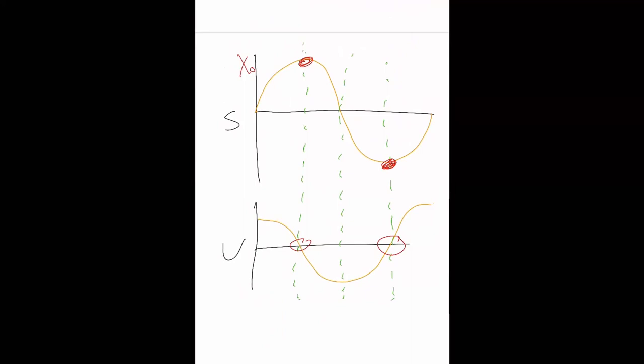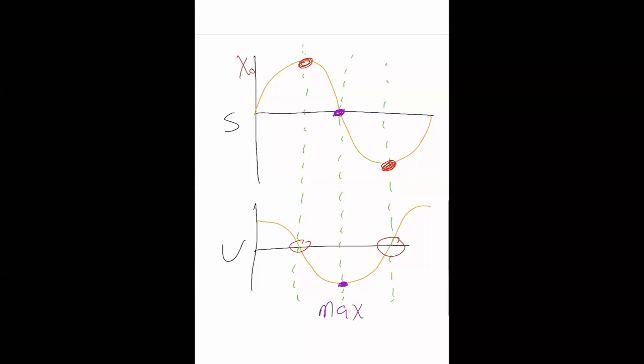Cool. And then the one that's slightly harder to see, and I'll leave this up to your imagination, is that when the displacement is 0, so when it's at its equilibrium point, you'll notice that the velocity is at a maximum. Cool. So this is max v, and this is displacement equal to 0.